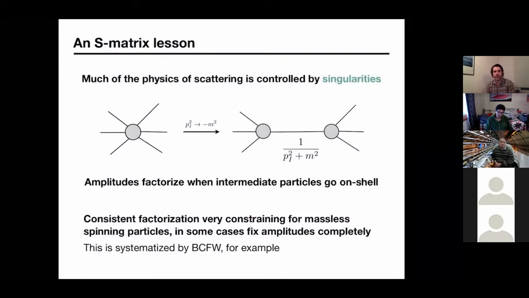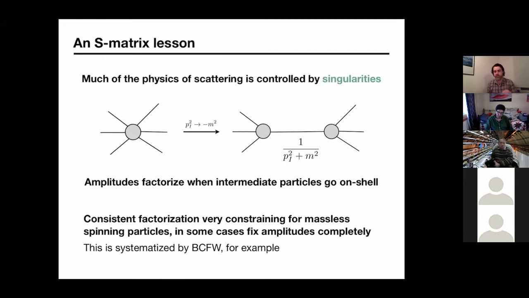And from the success of this program, you could abstract many different lessons, but I'm just going to pick the one that will be most useful to me. The lesson I want to abstract is that a lot of the physics of scattering is actually controlled by singularities.